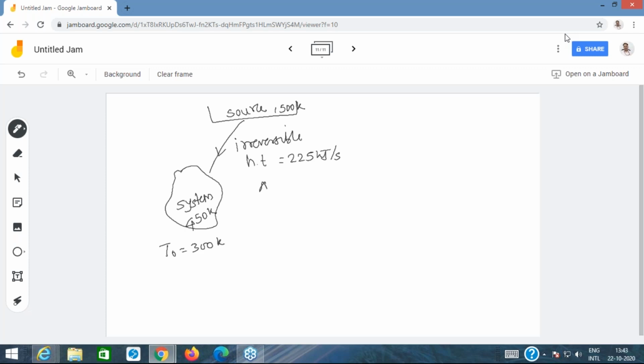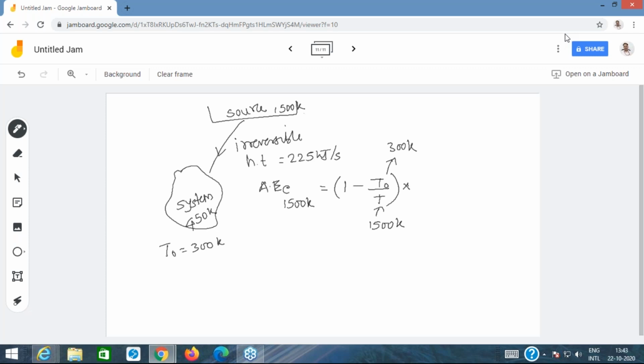So the available energy, how do you find the available energy of the heat which is at 1500 Kelvin? We need to assume that this heat is supplied to a Carnot engine. It's a thought exercise, and it's supplied to a Carnot engine which is operating between the source temperature, 1500 Kelvin, and the dead state temperature, 300 Kelvin.